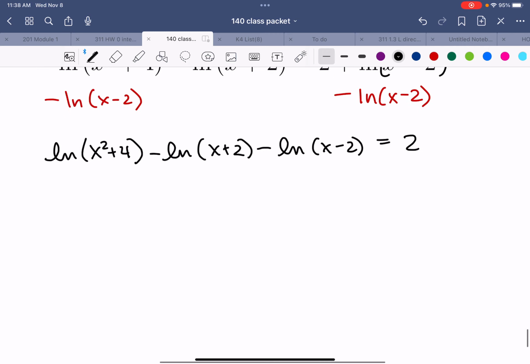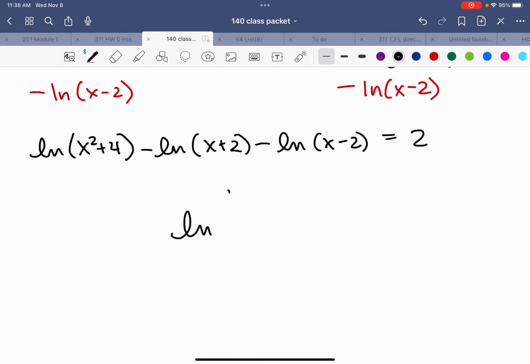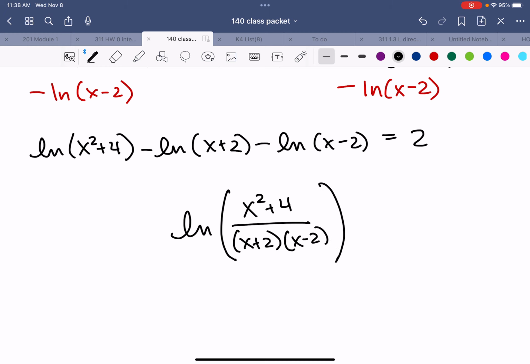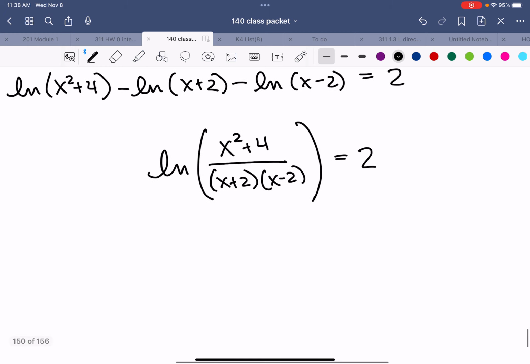Then I want to put this back together as one big logarithm. So that means anything that's positive goes in the numerator. So the x squared plus 4 goes on top, and the x plus 2 and the x minus 2 go in the denominator. Okay. Now, what do we do next?